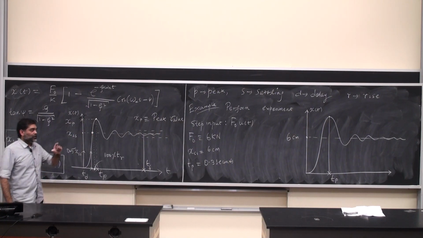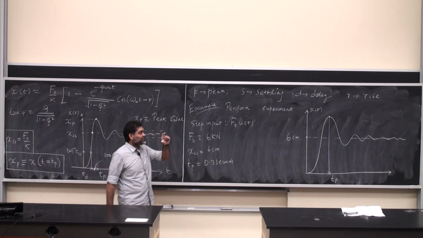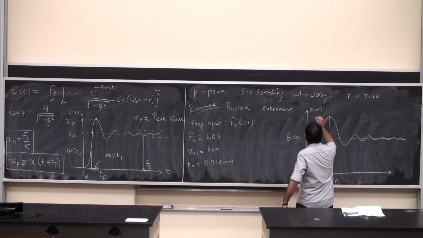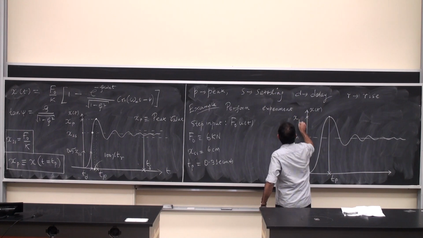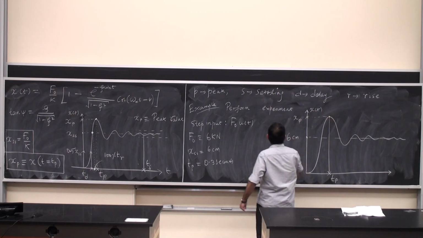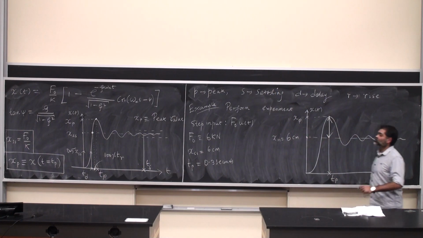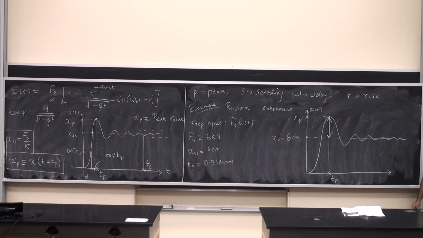I'm now going to define a quantity called the maximum peak overshoot, which is this. This is X peak, this is X steady state. This distance here, the amount by which the system overshoots the steady state value by the largest amount, is called the maximum peak overshoot.